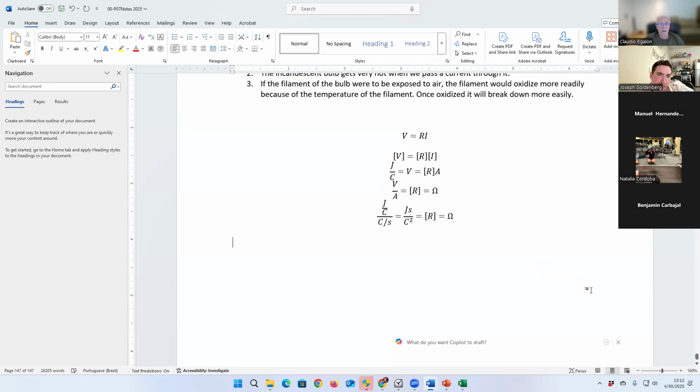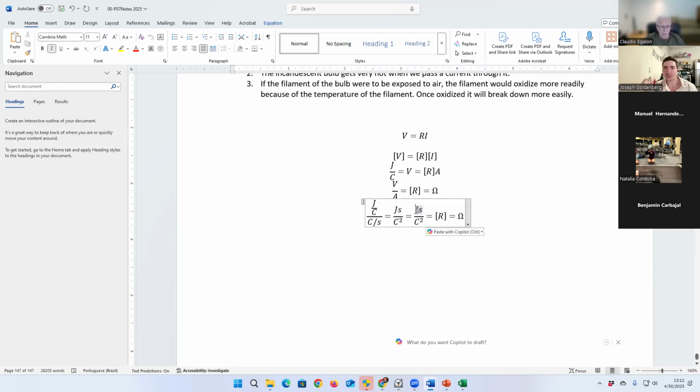So that would be another way of writing it: joules seconds over coulomb squared. And you can go further than that.